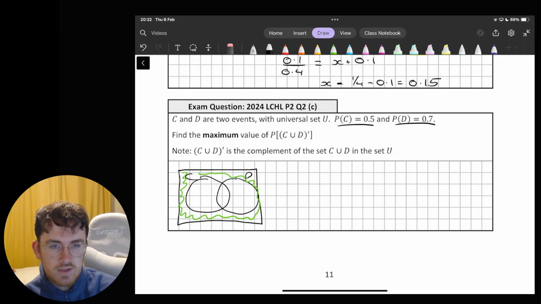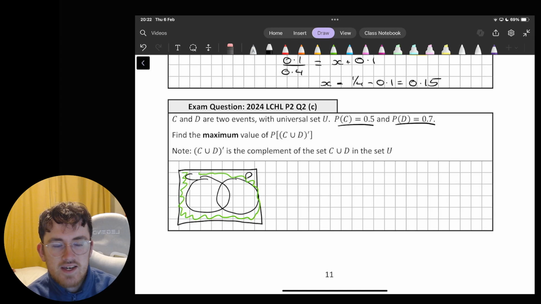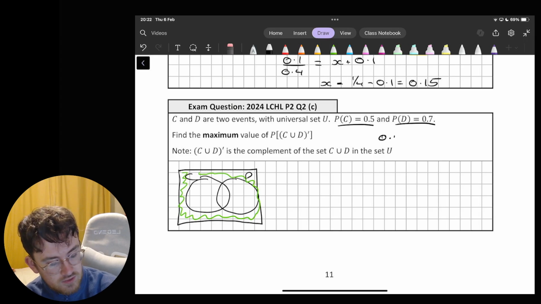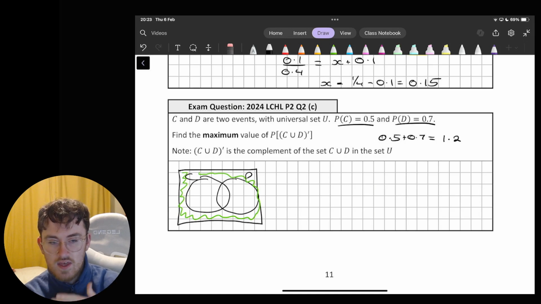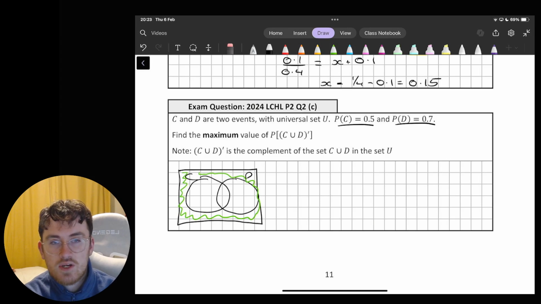I know that there's 0.5 for C and 0.7 for D. There has to be some sort of overlap here, because if there was no overlap, 0.5 plus 0.7 would give me 1.2, and that's over the threshold for a probability by 0.2. So I have to have at least 0.2 of an overlap here for this situation to work.